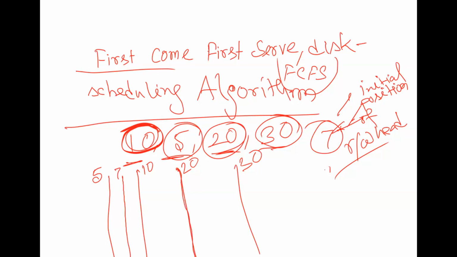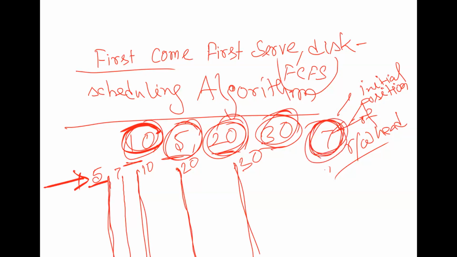Draw a line to figure out this track. To show how many track movements, you need to go in ascending order. Also, you need to draw this line for each request, and for the initial track position. It is 7, so draw a line for track number 7 as well.